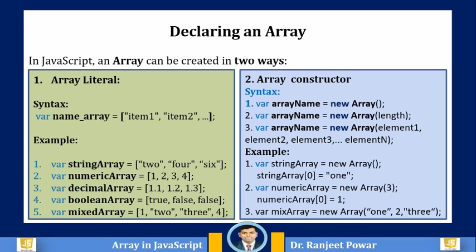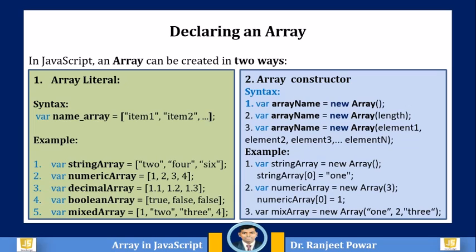In the second form, we can specify the size of an array, and in the third form, the array is initialized with elements. As you can see in the syntax, an array can be initialized using the new keyword in the same way as an object. In the example, you can see an array is created in three different ways.